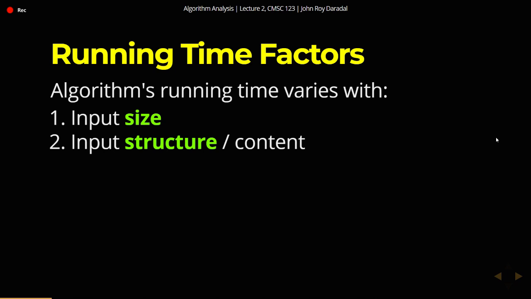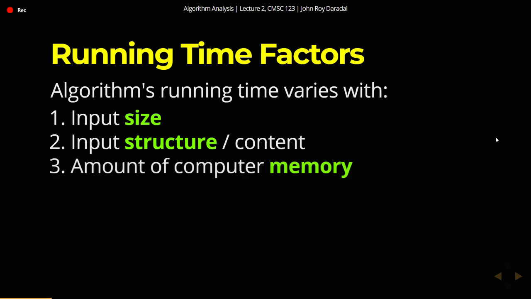For example, if you are to sort some items, input data that's already close to being sorted will run fast, whereas a randomized data set will take a longer time to sort. So input structure also matters.